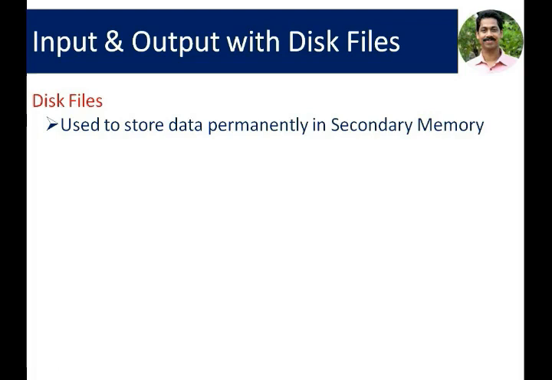Since it is a volatile memory, we should write this data into secondary memory for permanent storage. Whenever we are storing or saving a file into secondary memory, we must mention a file name. That file name is used to identify that data as a disk file.